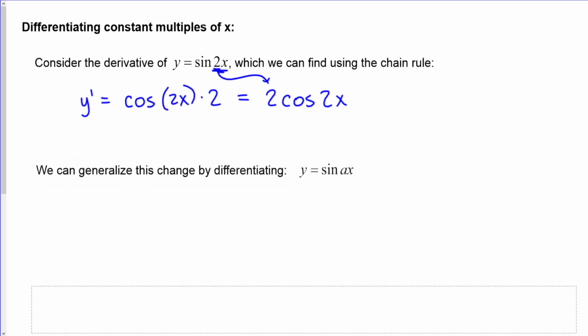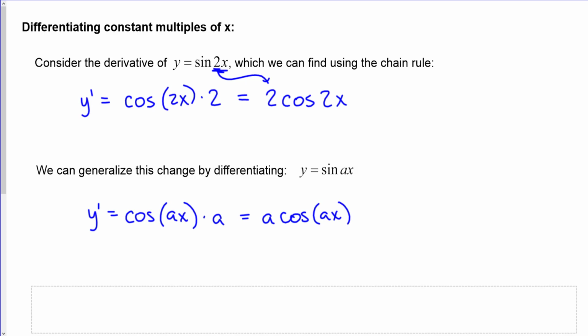If you see what happens when you differentiate y equals sine of a times x, which would be any number times x, the derivative would be the derivative of the outer function evaluated at the inner times the derivative of the inner, which is a cosine ax.